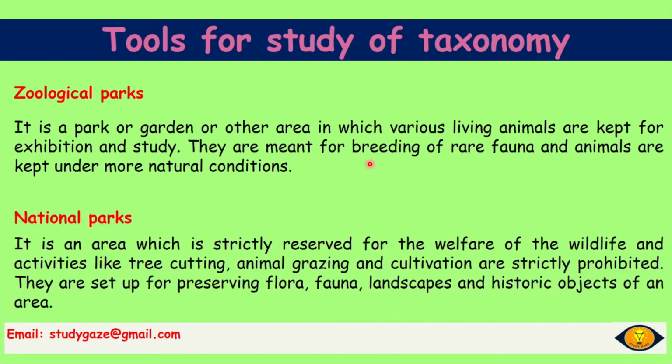National parks. It is an area which is strictly reserved for the welfare of the wildlife, and activities like tree cutting, animal raising and cultivation are strictly prohibited. They are set up for preserving flora, fauna, landscape and historic objects of an area.